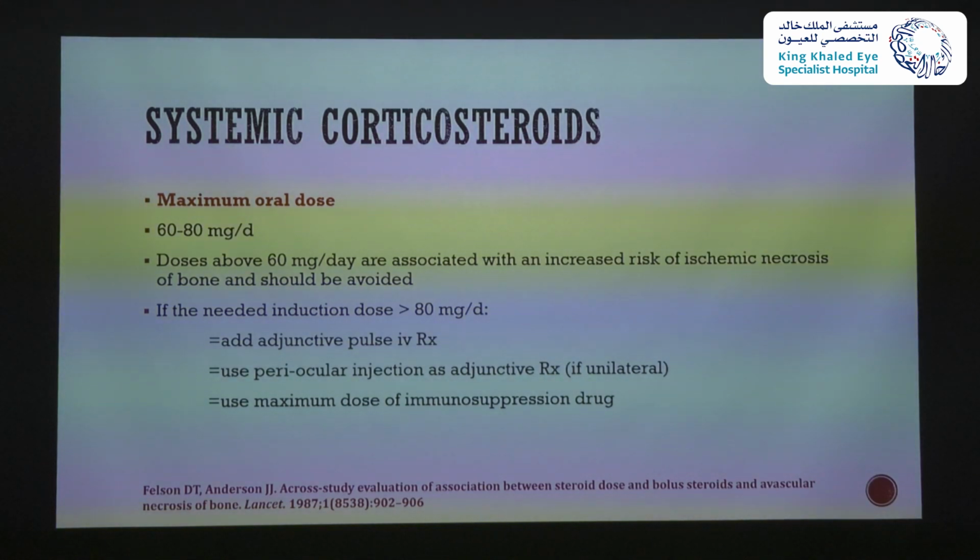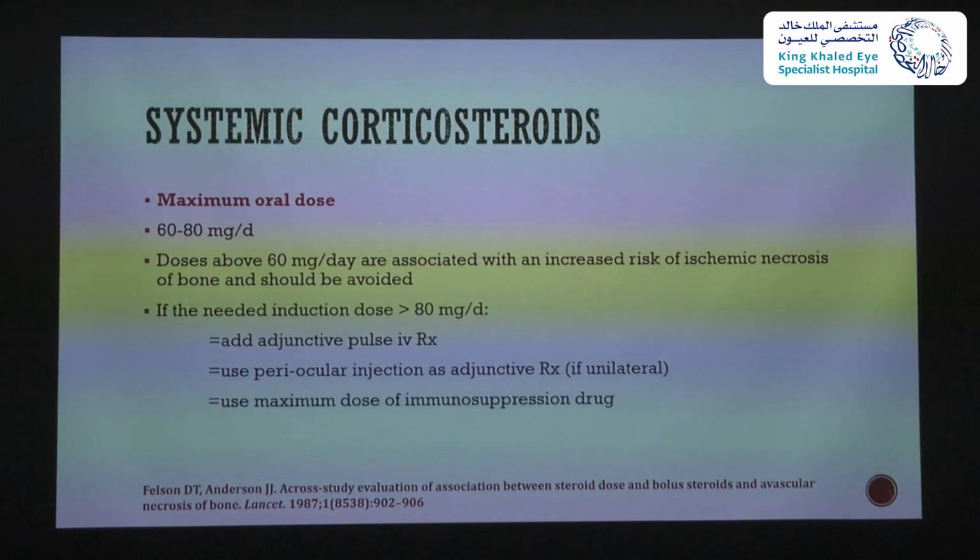As we said, the maximum oral dose in the literature is between 60 and 80 milligram per day, and this is because some literature in rheumatology found that doses above 60 milligram per day are associated with an increased risk of ischemic necrosis of bone, and the recommendation is that high doses should be avoided.